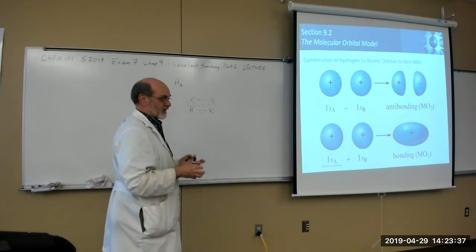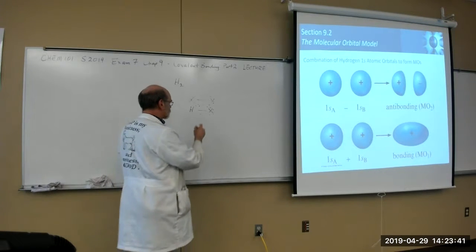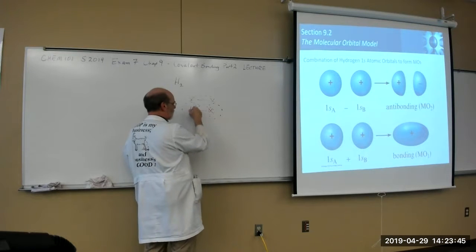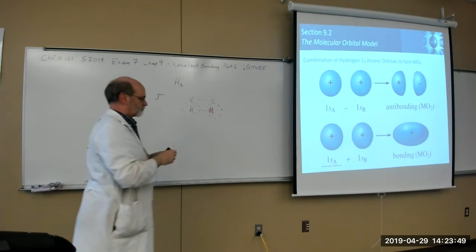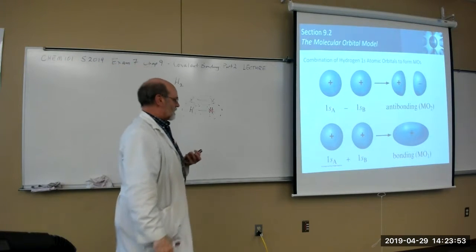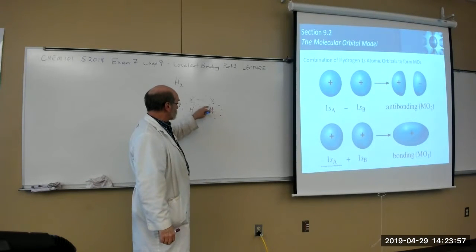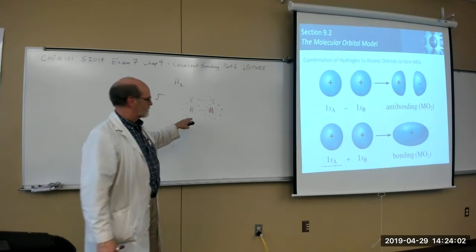But they don't have to be there. In the molecular orbital model, they could just as easily be out here, not between the atoms. As a practical matter, if the density of the electrons is between the atoms, we say those are bonding molecular orbitals.